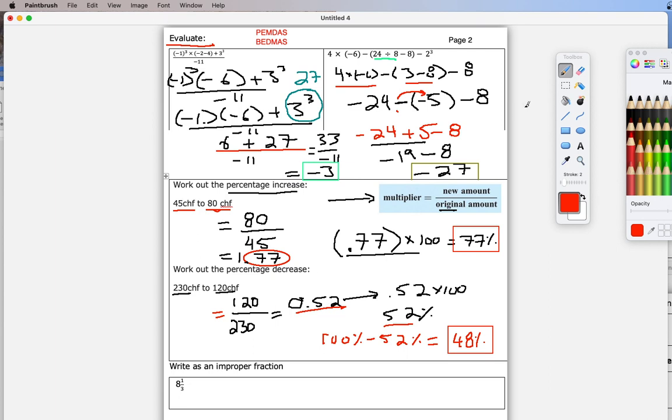Now we've done this. And the last section of this page here is write as an improper fraction and write as a mixed fraction. So write as an improper fraction, this is quite simple. I'm just going to rewrite this so it's a little bit bigger. So 8 1/3. And to write this as an improper fraction, you multiply the denominator against the whole number. So 3 times 8.